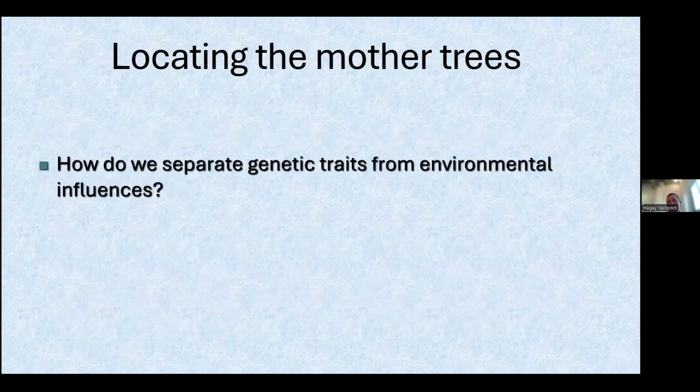Okay, and I think I actually answered this question: how do we separate the genetic traits from environmental influence?